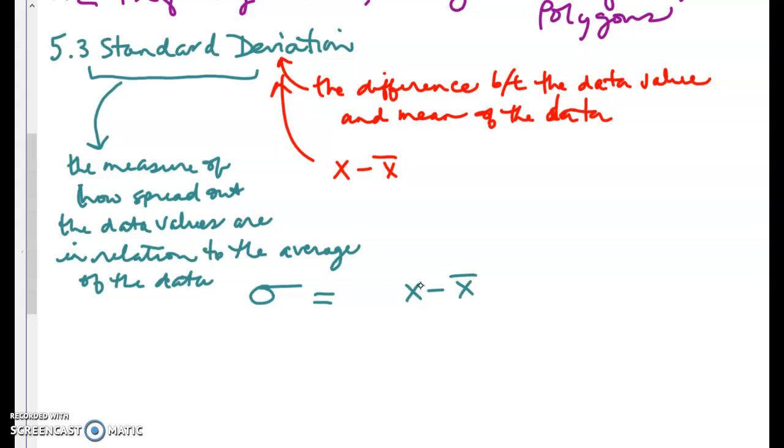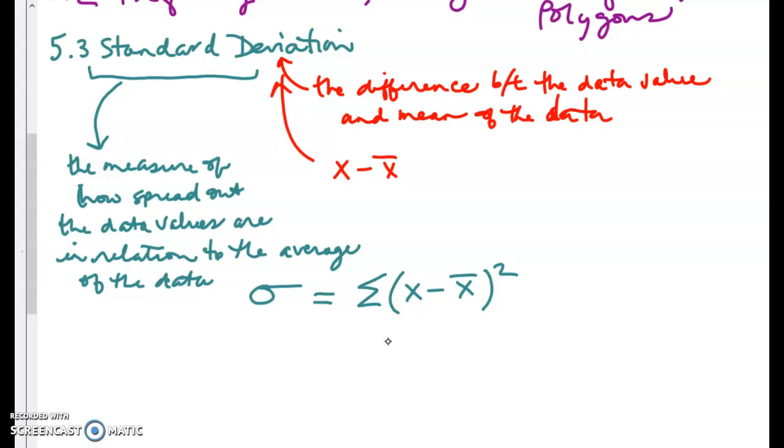So we find, how is each data value different from the class average? We take that and we square the answer, and then we add all those answers up. So that little sigma-like symbol, I'm forgetting the name of it. It also has a Greek name.